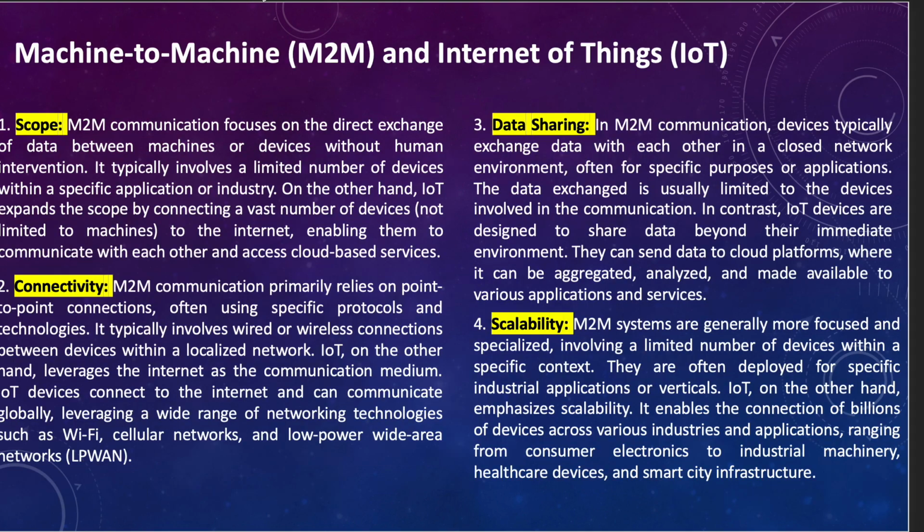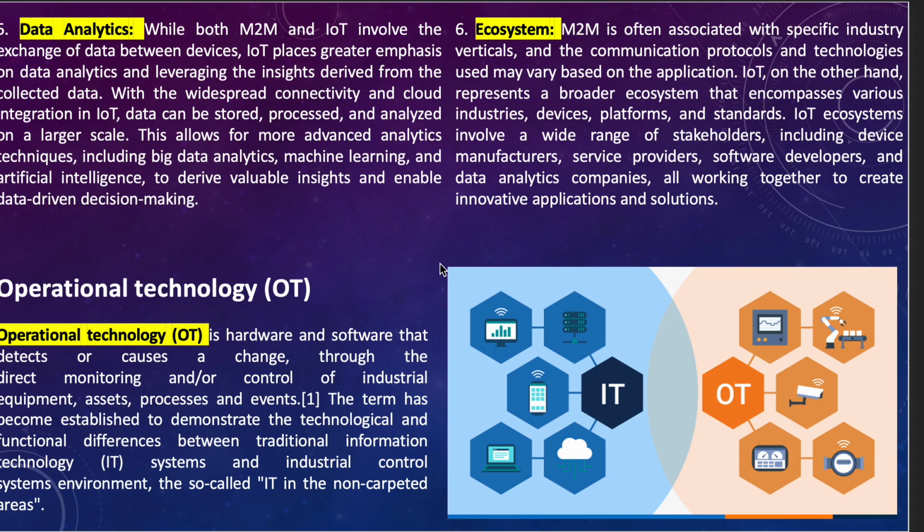We looked at the differences between machine to machine and IoT in different fields, but one of the things I keep on highlighting is that with today's technology and capabilities, the line between M2M and IoT is getting blurrier and blurrier, because if somebody asks to build an M2M system today, it will basically look like an IoT system.